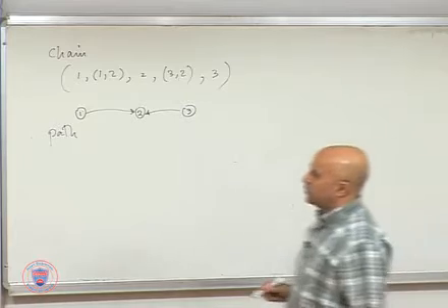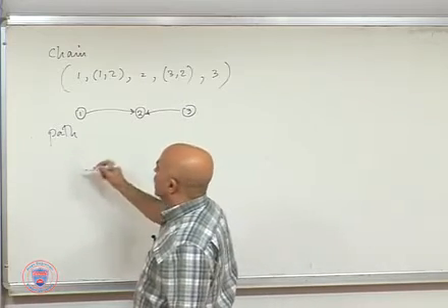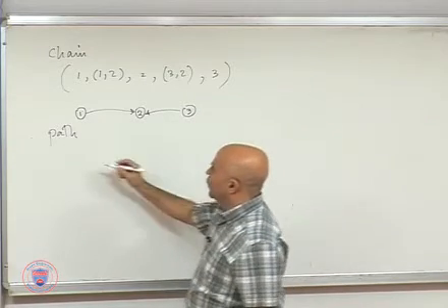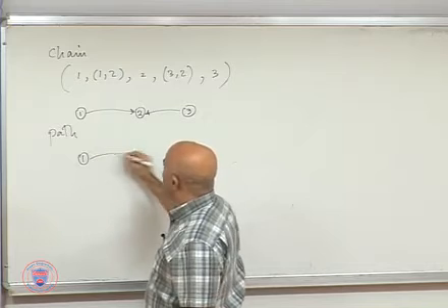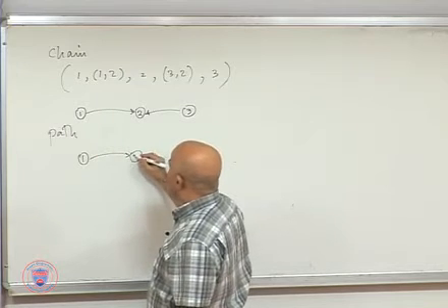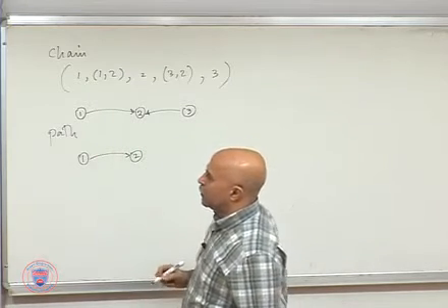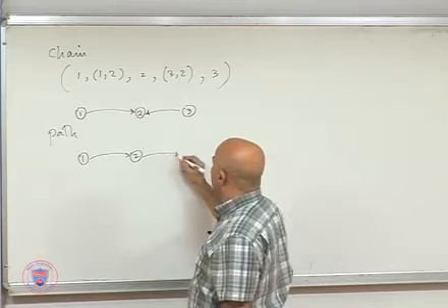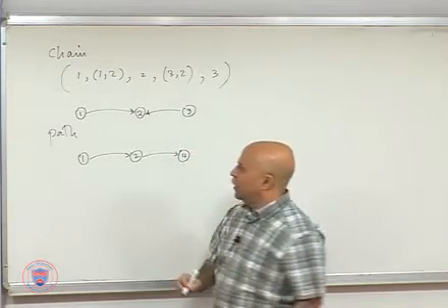A path is similar to a chain, except that in this case, all the arcs are in the same direction. For example, here, this is not a path, whereas if you have 1 to 2 and then going 2 to 4, this would be a path.